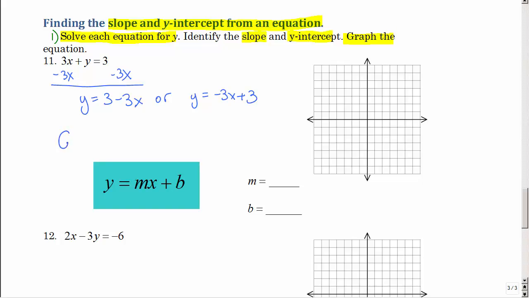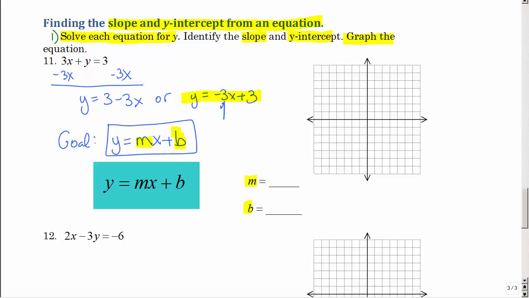Because what I want this to look like is y equals mx plus b. That's what I want my equation to look like, because then I know the coefficient of x is m, which is my slope, and the other number is b, which is my y-intercept. Did I do that? Yes, I did.